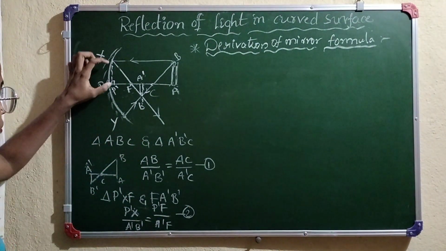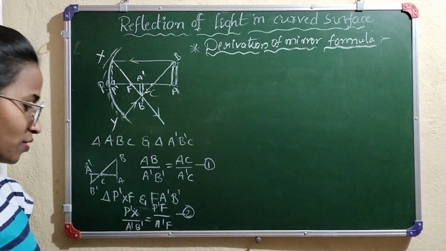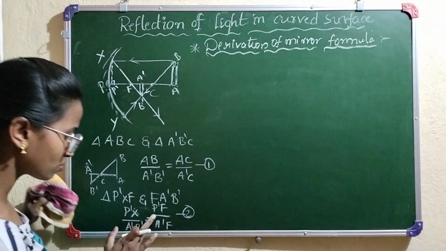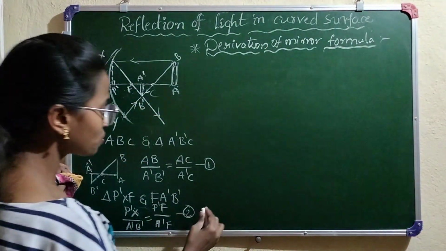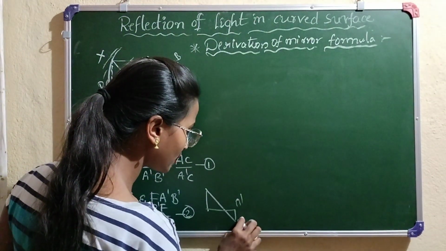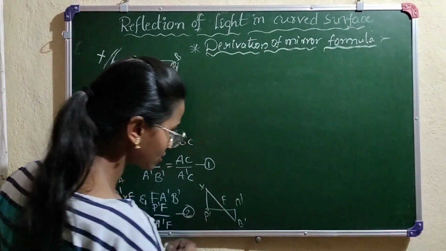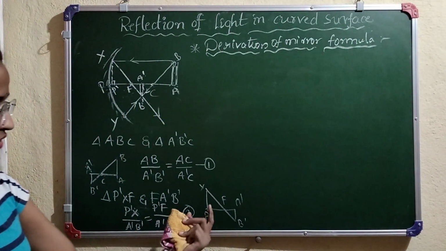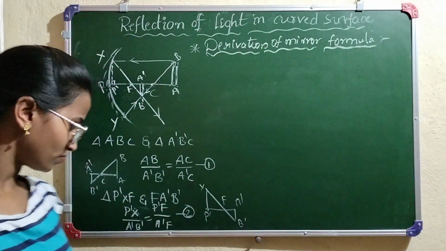Both ratios are equal and constant, because again the triangles are alternate. This is A dash, B dash, this is F, this is P dash, and this is X. So the length of P dash X by A dash B dash will be equal to P dash F by A dash F. That is what I wrote.